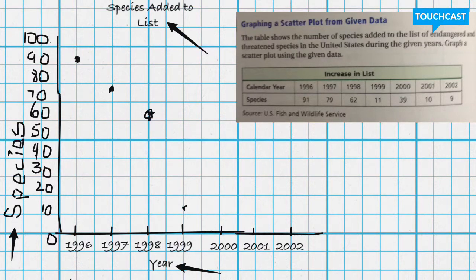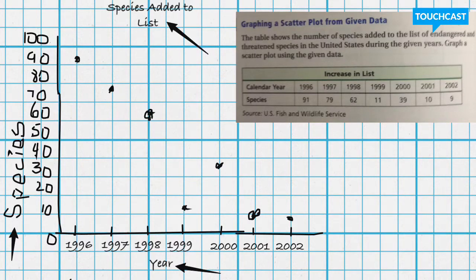In 2000, there were 39 species added to the list. In 2001, we had 10 species added to the list. And then in 2002, we had only 9 species added to the list.